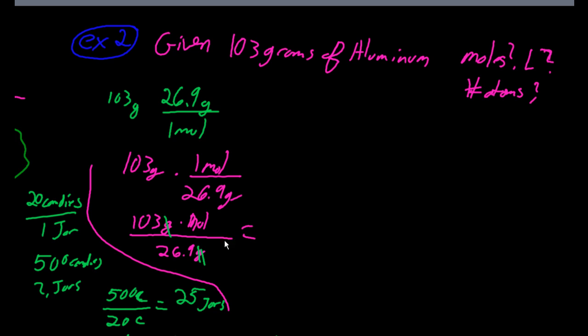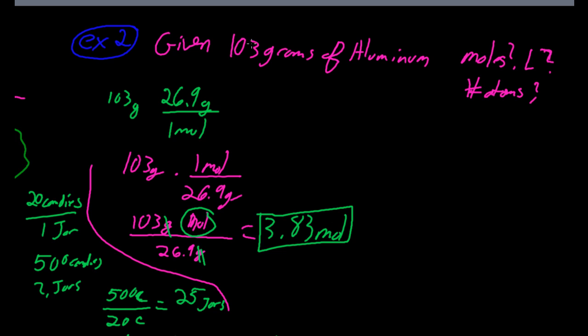That'll leave us with 3.83. And as you can see, we're left with the unit, the mole. Because there's nothing that will cancel out the mole, it carries over to our answer. And like I said, that is our answer.